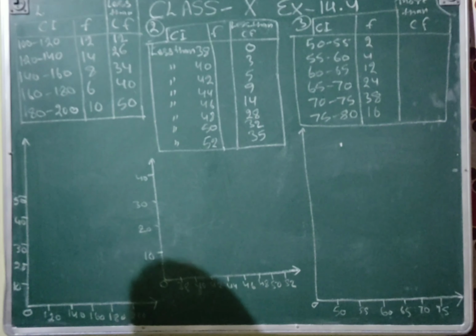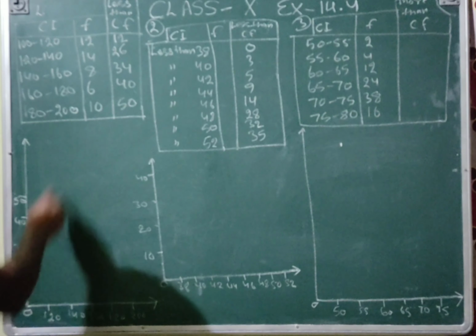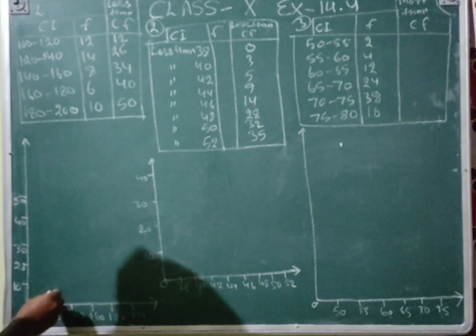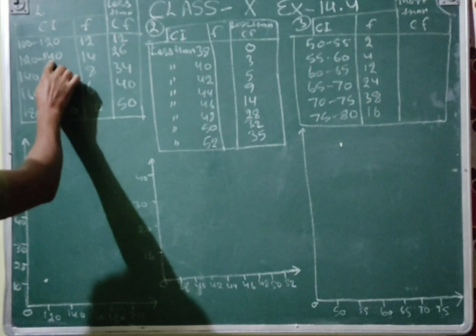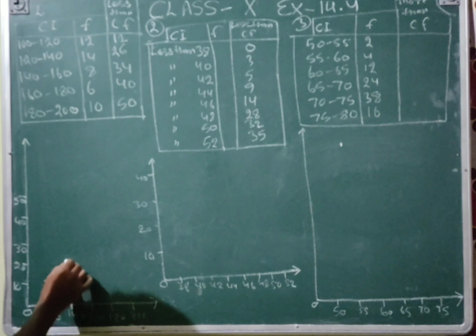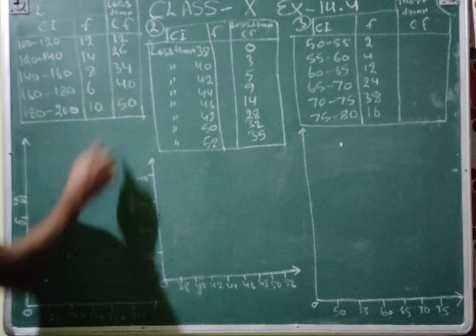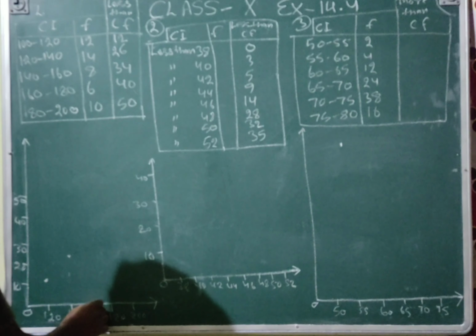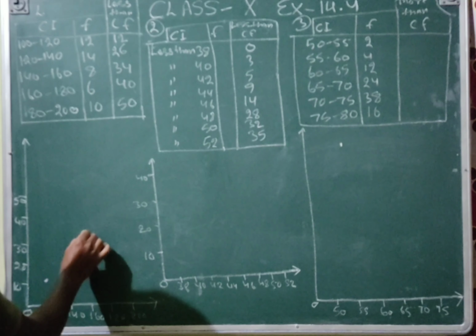on the x-axis we will write the upper limit for the less than ogive. So 120 and 12, that will become here, that is your point. And then 140, 26, that will become approximately here. And then 160, 34, that will be up to here.